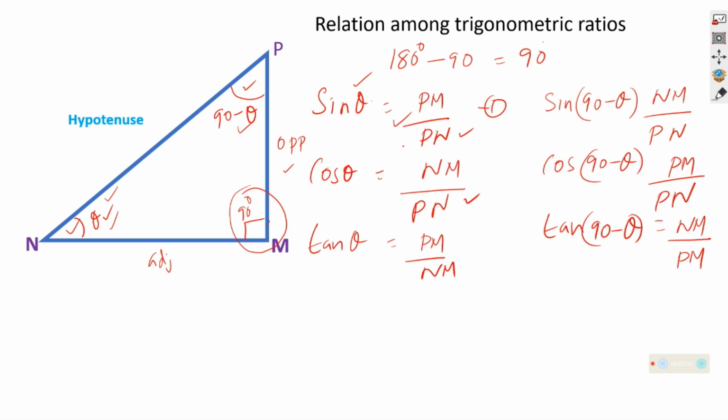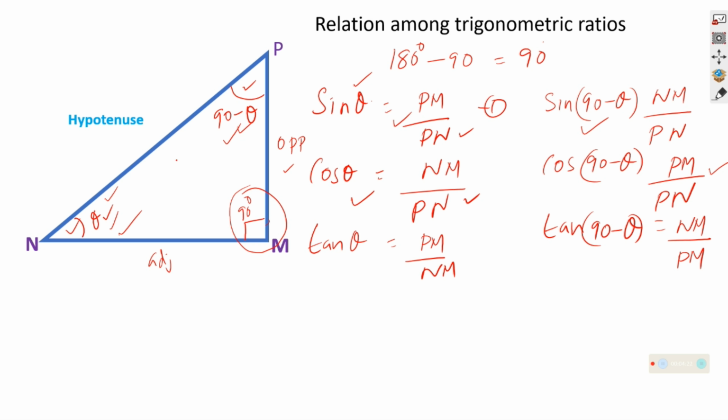This is Pm upon Pn, correct? This Pm upon Pn became equal to cos 90 minus theta. Cos theta, which is Nm upon Pn, became sin 90 minus theta. Understood? So there is a relationship between sin theta, the ratio of opposite side and hypotenuse for this angle, and this other angle, its opposite side and hypotenuse.